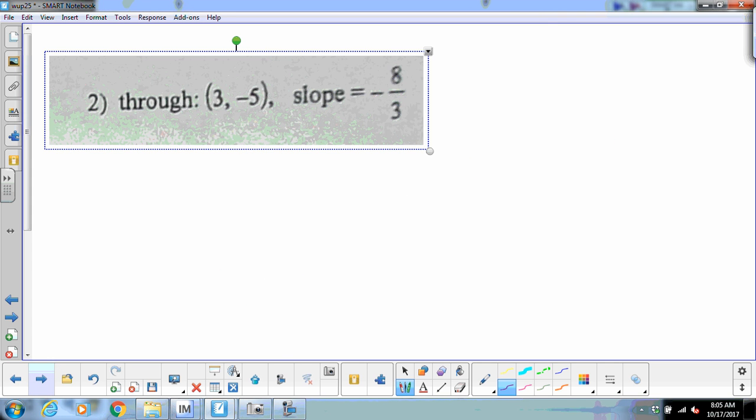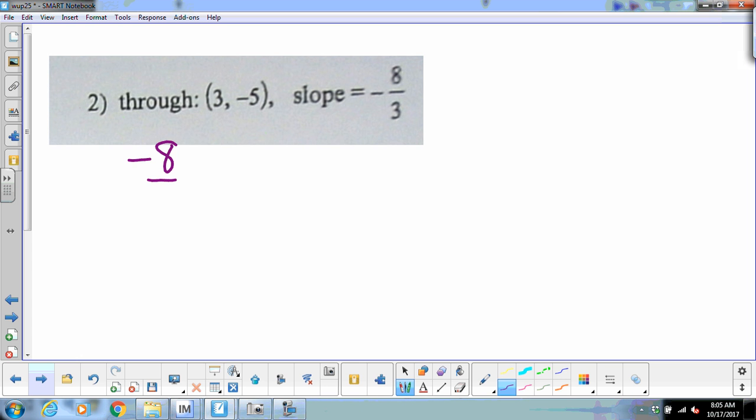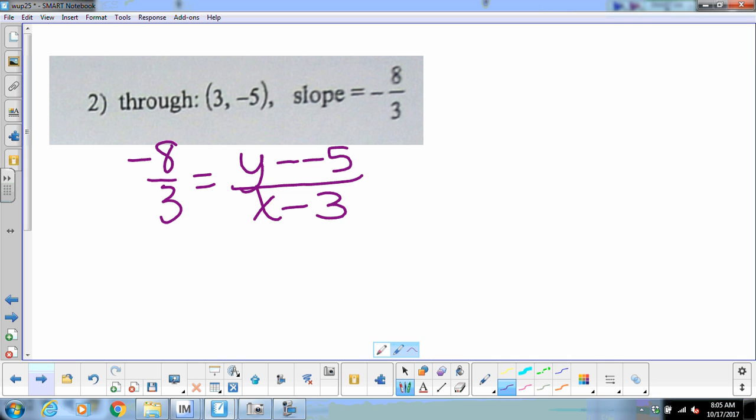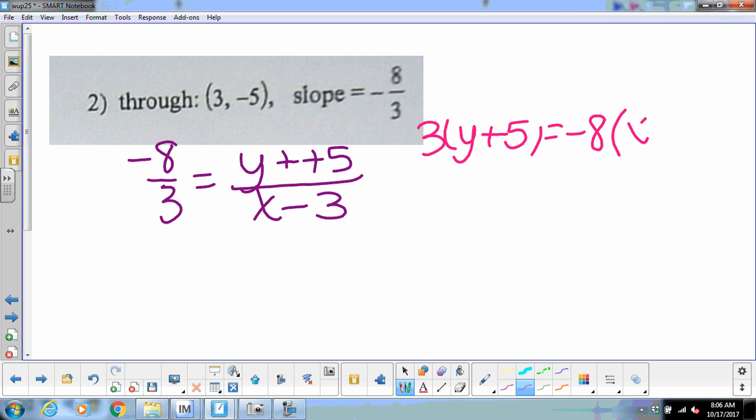All right, number 2, start with negative 8 over 3, y minus negative 5, and x minus 3. Cross multiply here, so 3 times y plus 5, and negative 8 times x minus 3.